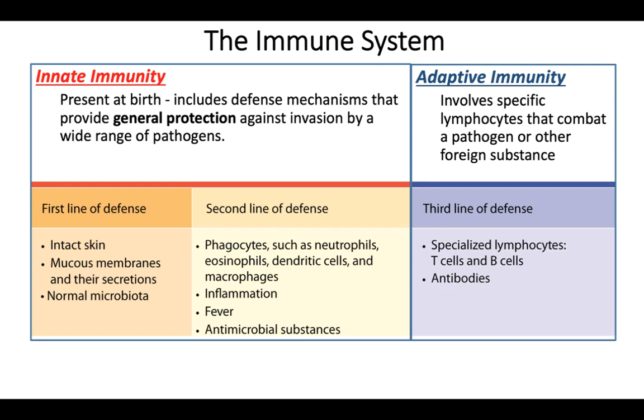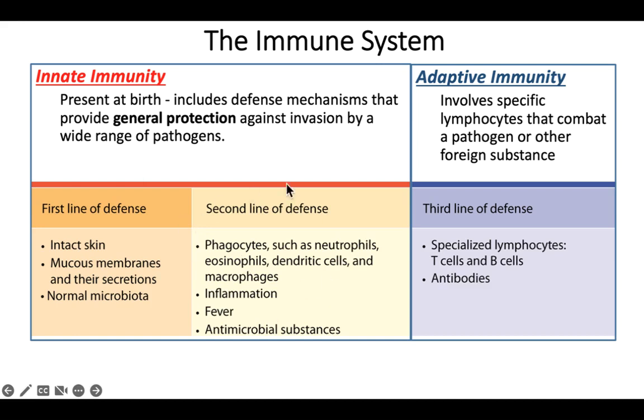So first lines of defense are all barriers. Second lines of defense are for if a pathogen does get in, say it does penetrate through a mucous membrane, you've got some defense waiting for it. So we'll talk about phagocytes, inflammation and fever, and some other substances that you're born with, so they're part of your innate immunity.